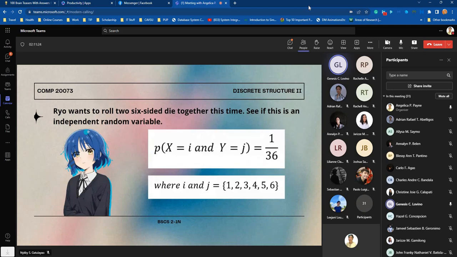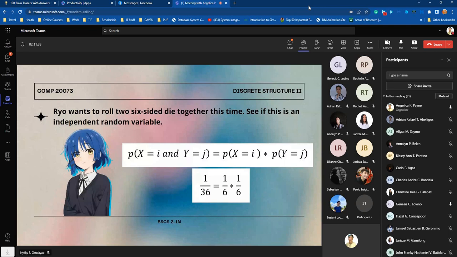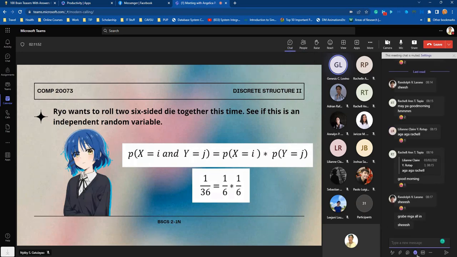So if we're going to multiply them together, that would be equals to 1/36 yung union ng ating dalawang dice, and the multiplication ng ating two dice, so it is 1/6 times 1/6.